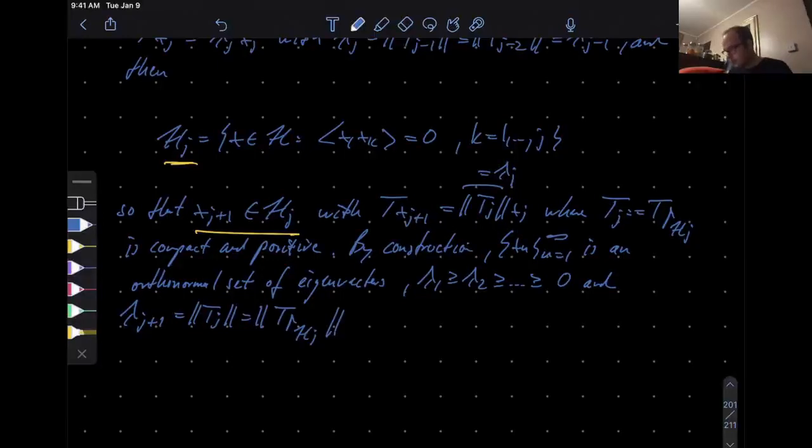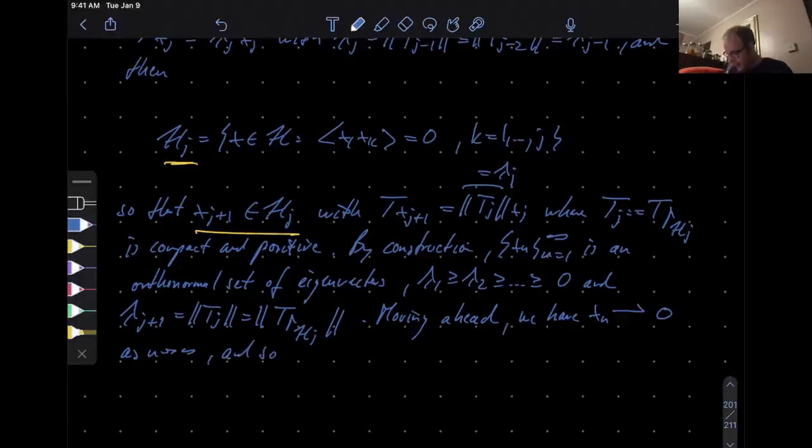Now moving ahead, since we have an orthonormal set of vectors, Bessel's inequality guarantees, an argument we have applied a few times already, that if you have an orthonormal set and send n to infinity, the vectors will converge weakly to 0. This is Bessel's inequality.